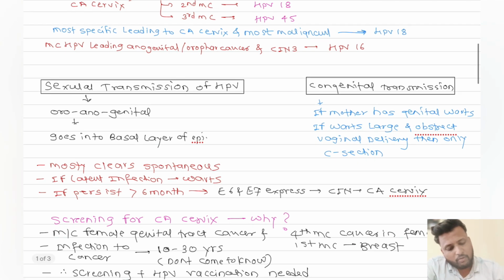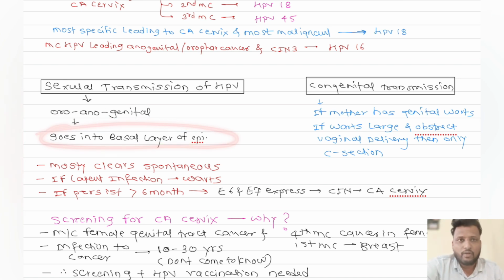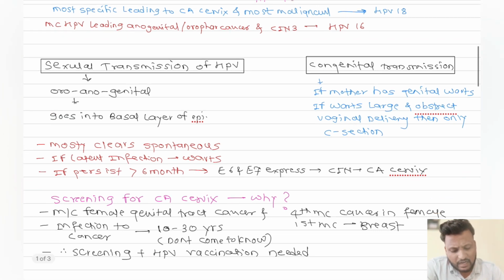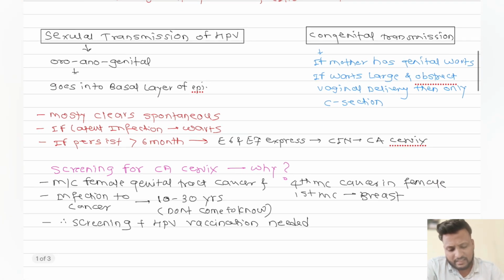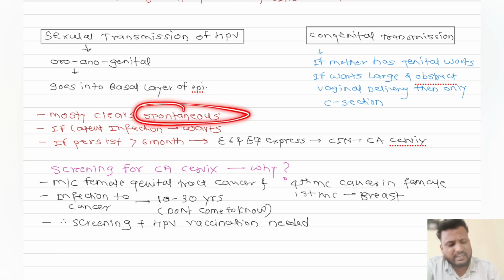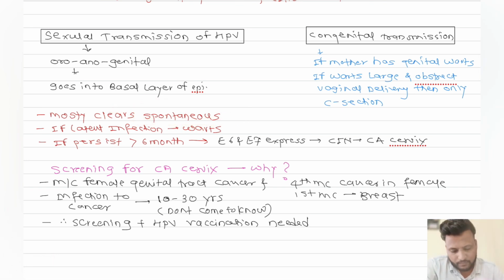Okay, now this is about the congenital transmission. What about the sexual transmission? It is the oro-anogenital route, and basically this HPV goes into the basal layer of the epithelium and replicates there. Now after the transmission, this HPV mostly clears out.